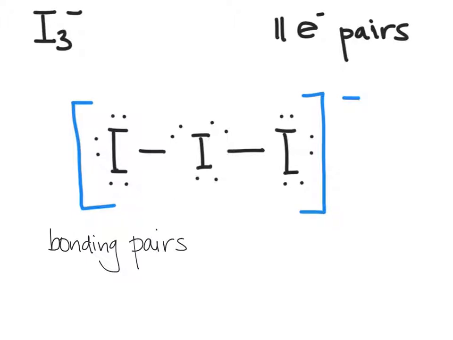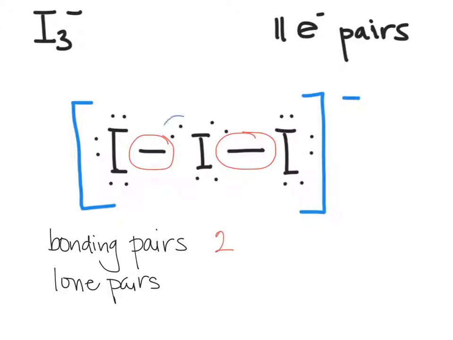Bonding pairs we have between atoms, we have 1, 2, and lone pairs we have 1, 2, 3. So the total number of pairs that we have is 5.